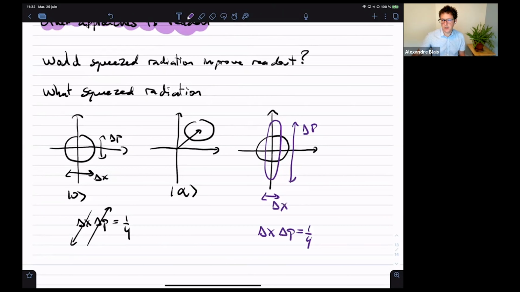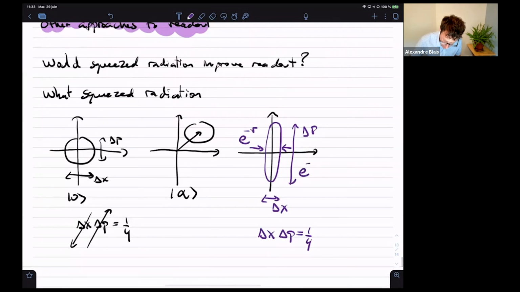Good, so you have delta X, delta P. Yes, perfect, this is what I was looking for. Now, it is common to introduce a parameter, which we will call r, such that this becomes e to the minus r, while this becomes e to the plus r. And r will be the squeezing parameter.